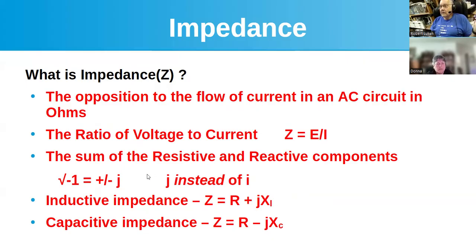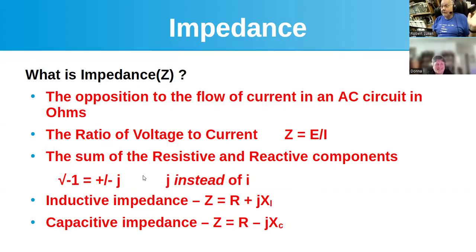On the bottom you have inductive impedance, is that right? Okay, never mind. I'm sorry, I read it wrong. Yeah, that's X sub L and X sub C. If you wonder what the J was, it's used instead of I because we use I already for current.